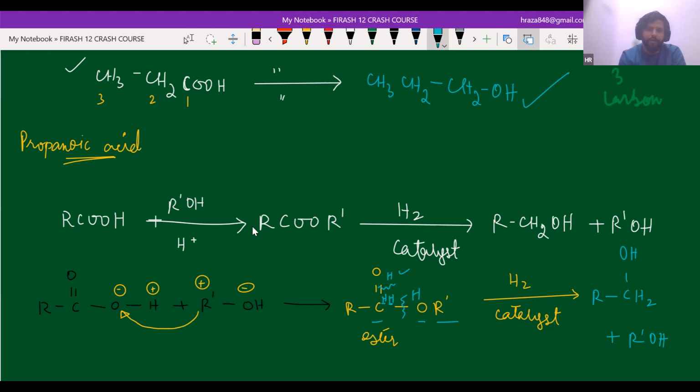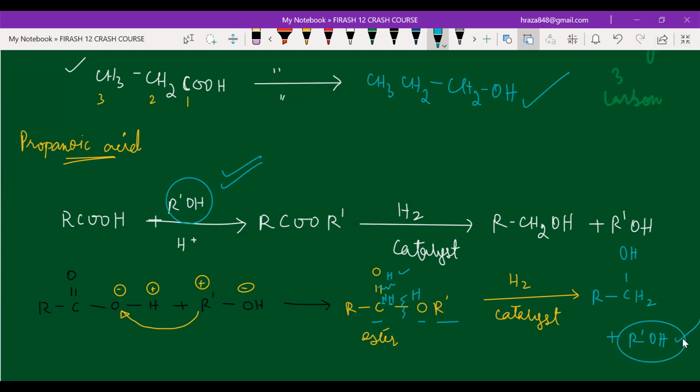Whatever alcohol you used in the first step, you will get back in the last step, and you can reuse it again. Are you getting my point? So this is how we prepare alcohol from carboxylic acid as well as from ester.